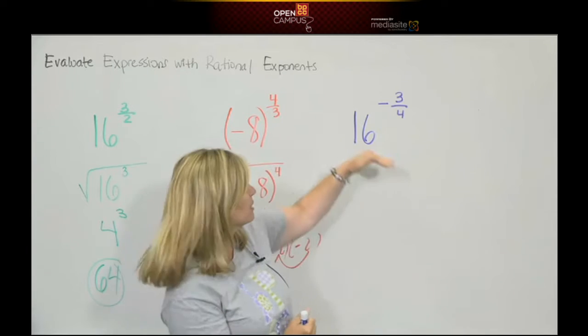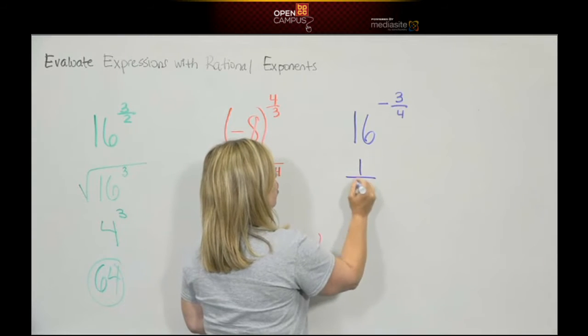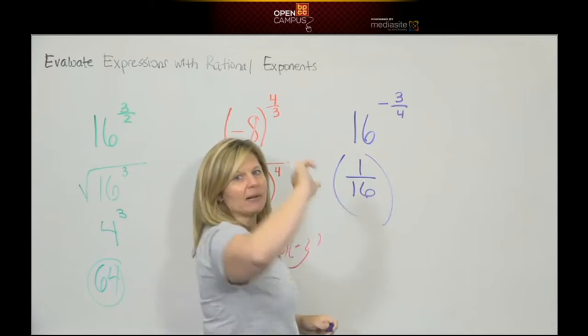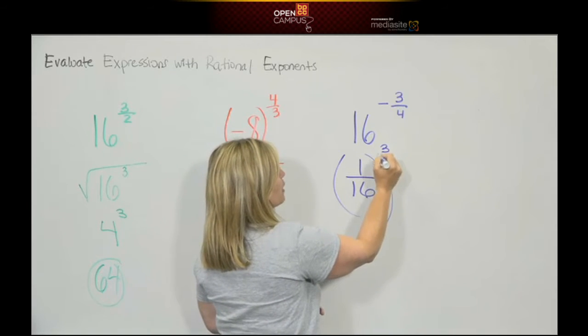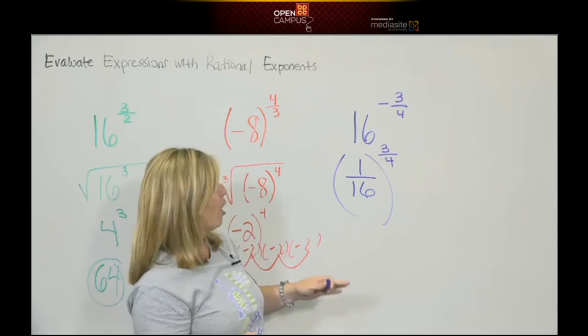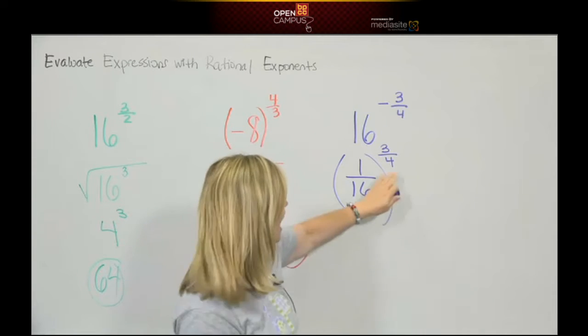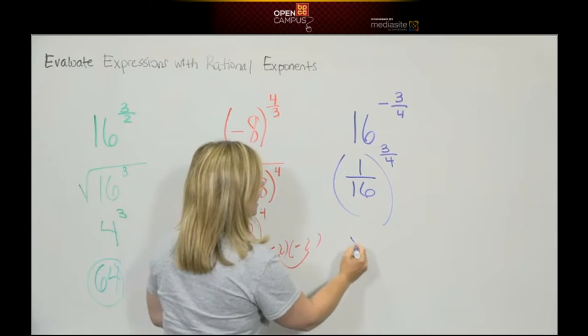Who's the base? 16. Who's the reciprocal of 16? It's 1 over 16. And what that does is by flipping that base, by doing the multiplicative inverse, you make your exponent positive. Now, we still have a problem. Our exponent's positive, but it's a fraction. But now that it's a fraction and it's positive, I could rewrite this as a radical, as a root.